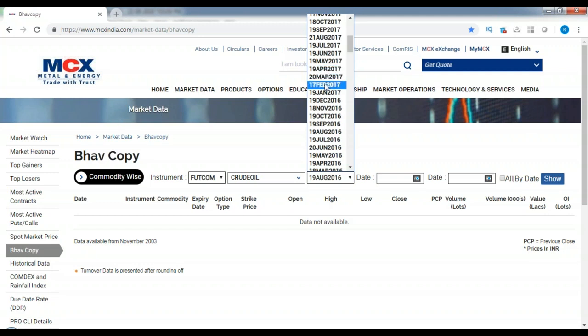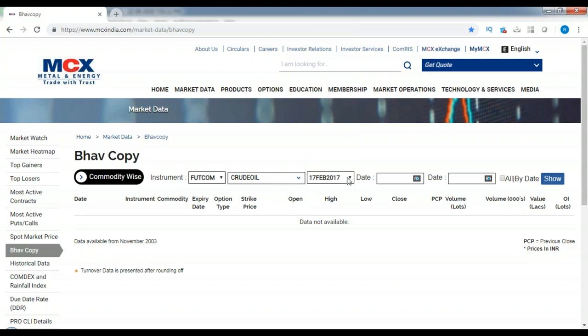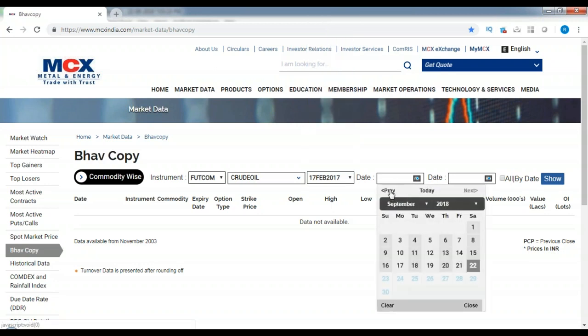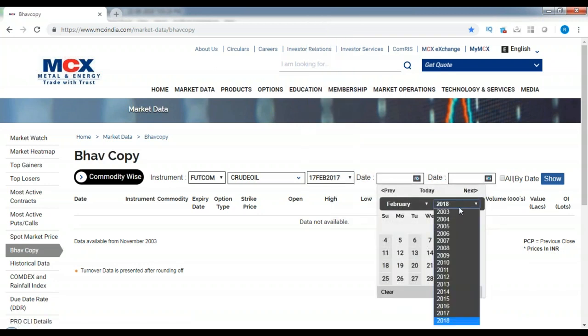Okay, so let's take February 2017 data. When we take February 2017 data, the last contract expired on 19th of January 2017, right?